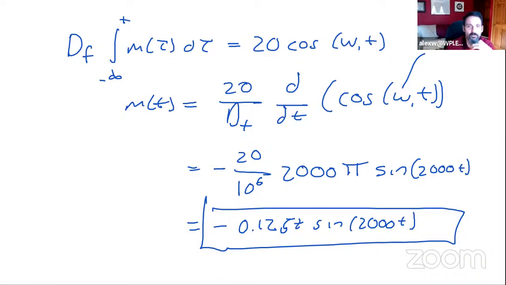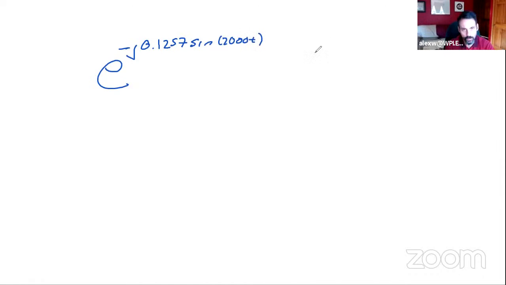Let's take this a step further. So this would be equal to, right? This is just a phase term. This would be e to the j, 0.1257, not z, silly me, sine 2000t. All right. And that is equal to g of t.